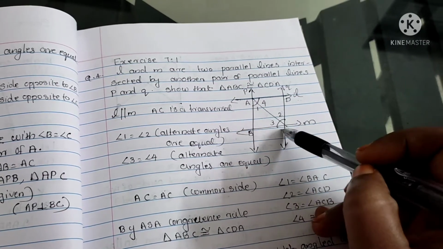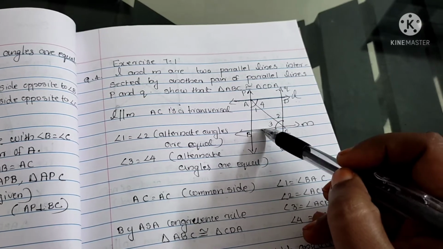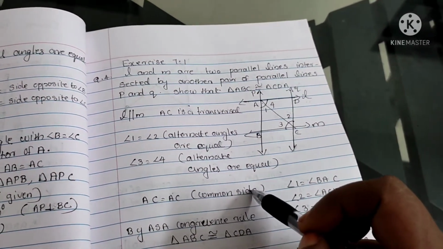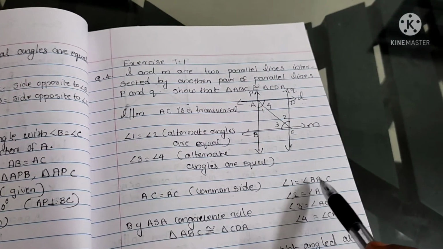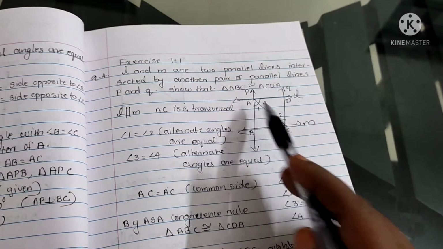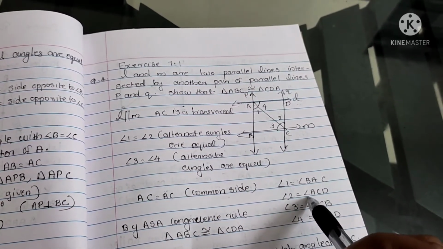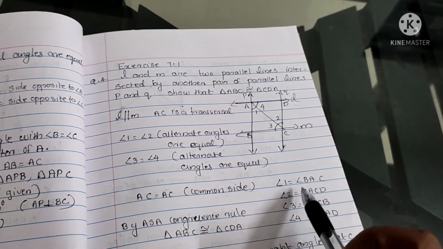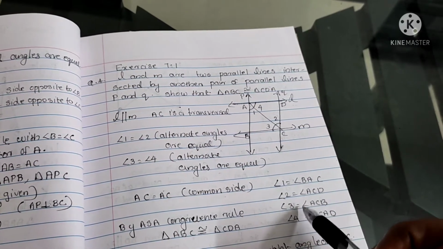In this figure, AC is the common side of these two triangles. AC is equal to AC, that is the common side. Angle 1 is equal to angle BAC, and angle 2 is equal to angle ACD, that is, angle BAC is equal to angle ACD.